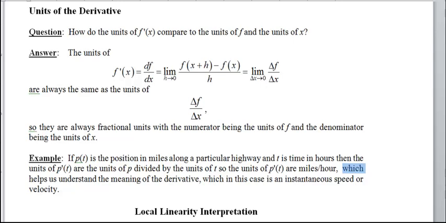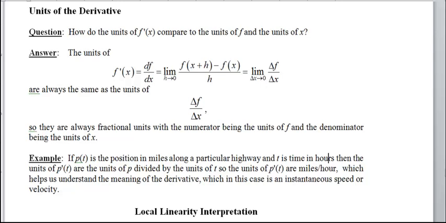So let's look at a specific example. If we look back at where we started these notes, if p of t is a position in miles along a particular highway and t is the time in hours since some particular point in time where t equals 0, then the units of p prime of t are the units of p divided by the units of t.